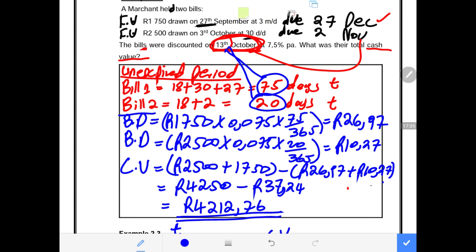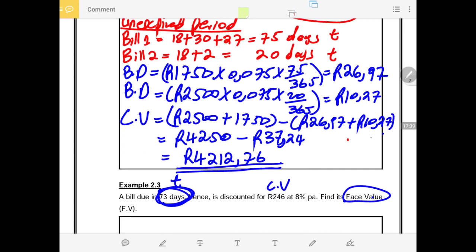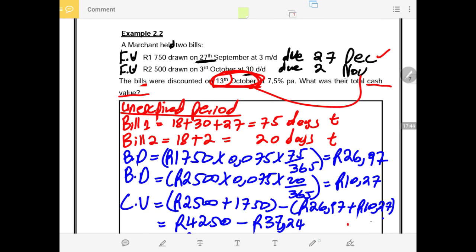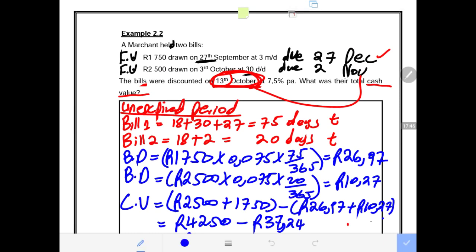Now, if you look at the current scenario, it says a bill due in 73 days. That means we are sitting at the date the bill was discounted, and I want to explain this with example 2.2.